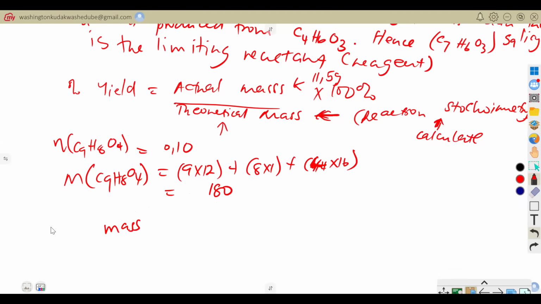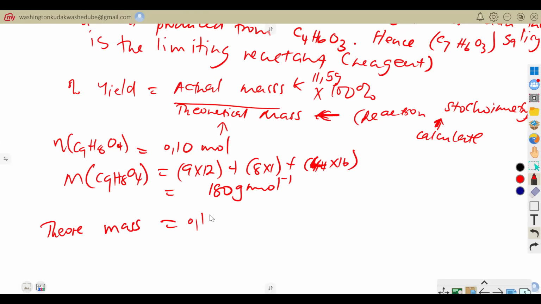So the mass, which is the theoretical mass, is going to be equal to 0.1 mole times 180 grams per mole. If you use units there, it becomes easy to know. So this one is grams per mole. For each mole, you've got this mass.